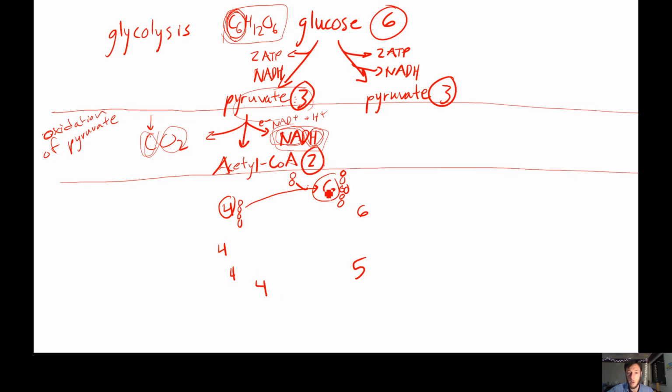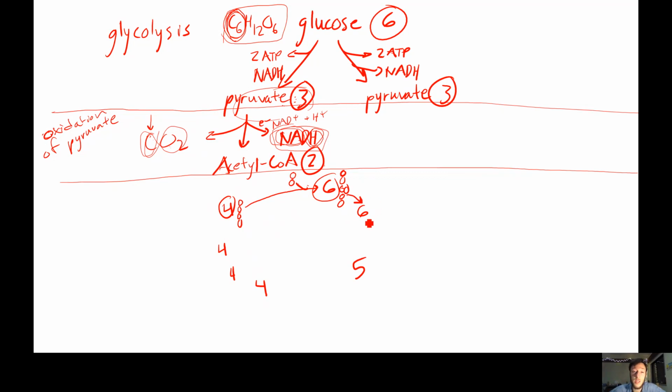Not super important their structures. What's important is the number of carbons so that you can visualize the process. So then it comes down here and it basically just, some stuff changes that's irrelevant. You know, if you were taking a biochem class, you'd probably have to know about all the little details of this. But for microbiology, it's not such a big deal.